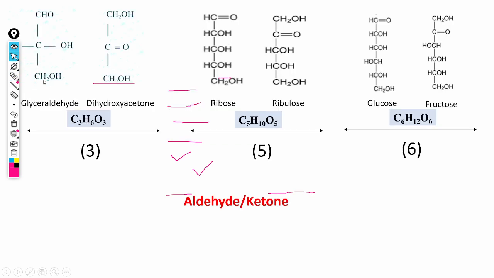Now come to the chemistry part. The monosaccharide can exist in the aldehyde form or in the ketone form. Let's say in the triose, C3H6O3.